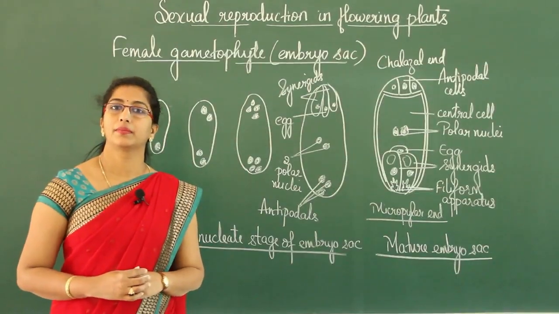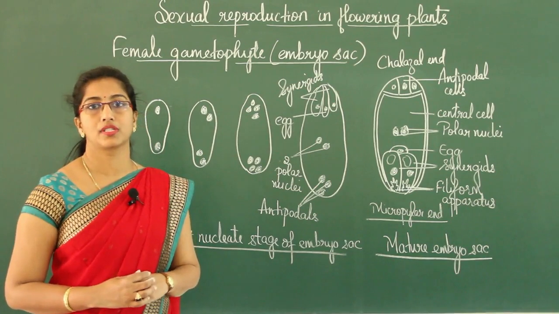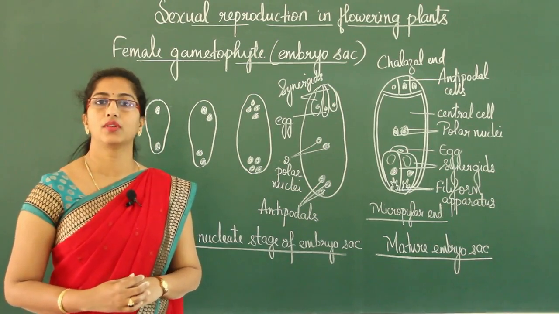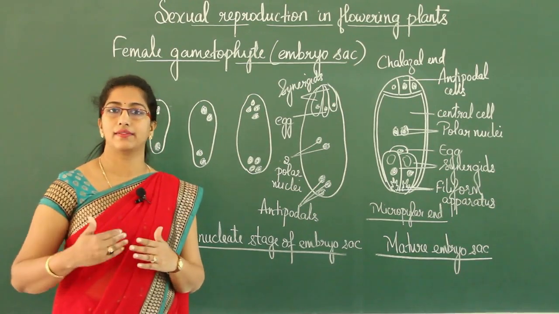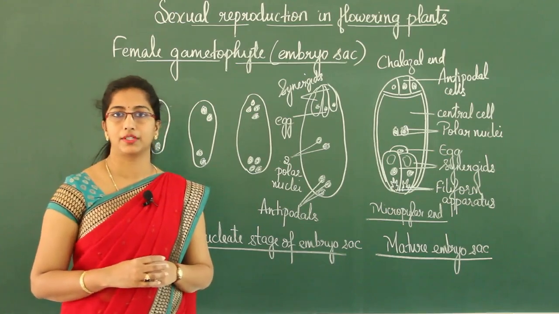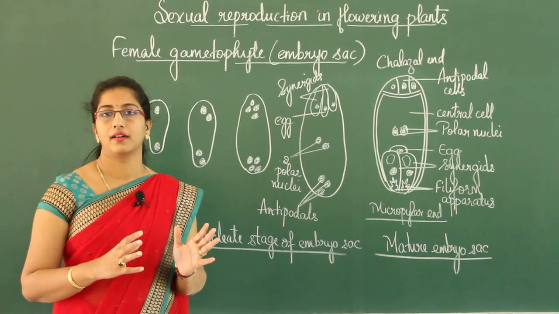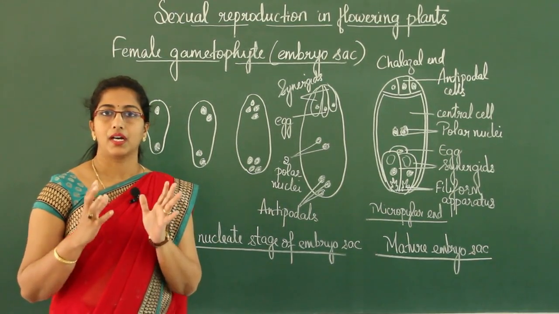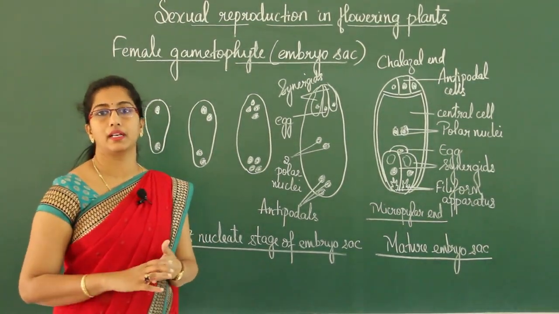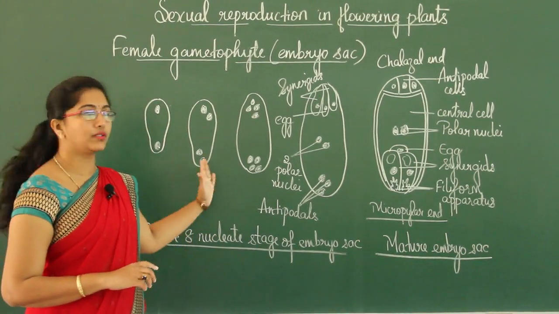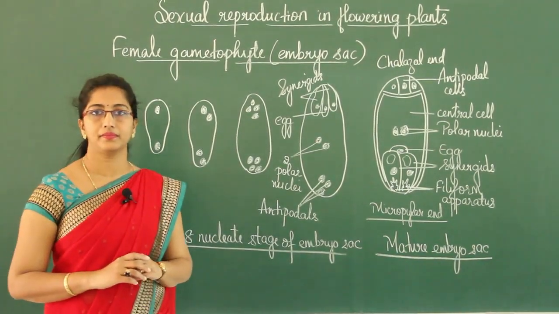So we explained how megaspores are developed, and I told you the megaspore develops into the female gametophyte. After the production of a single megaspore, how it develops into the female gametophyte is what we are going to study next.